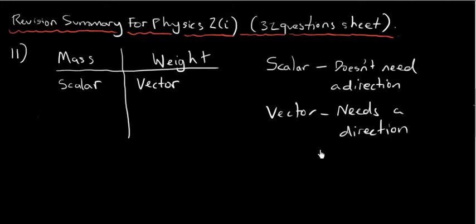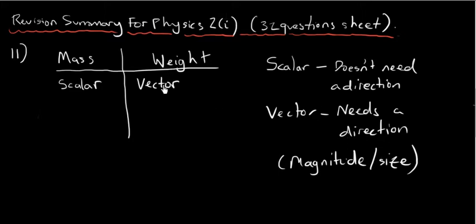And this is on top of obviously the magnitude, which they both have. Magnitude or size, they both have. Scalars and vectors are both types of magnitudes, but the vector is a type of quantity which, apart from magnitude and size, also has a direction.